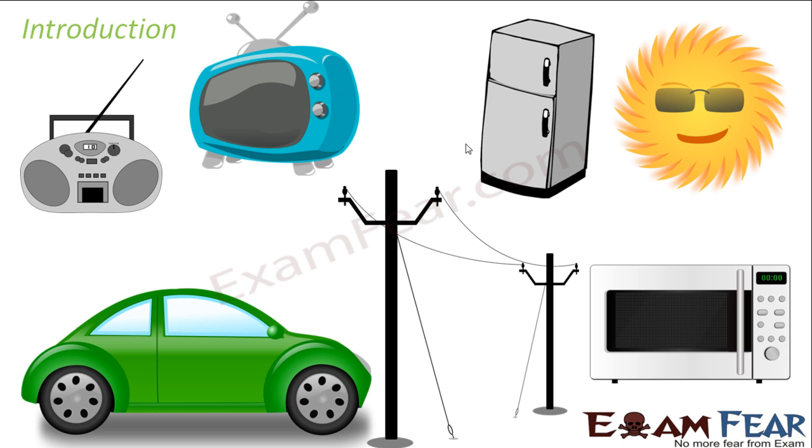Inside your car, you have application of both DC as well as AC. You have something called a starter, which helps to start the engine. That is an application of direct current. Similarly, you have another device called an alternator, which is a part of the charging system of the car and charges the battery. That alternator is an application of alternating current.